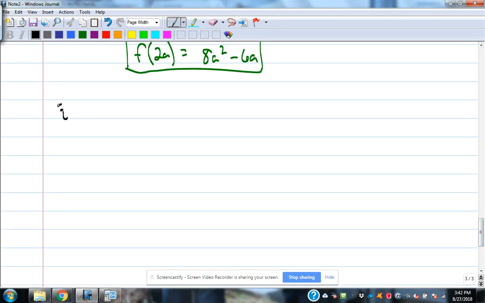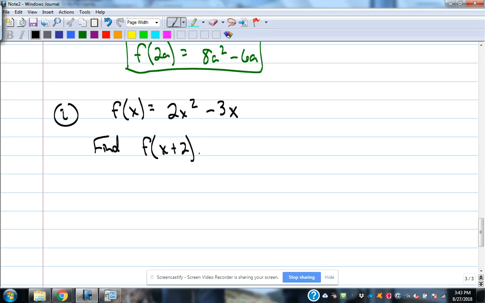Sometimes they can throw this at us. Same function, f of x equals 2x squared minus 3x, and they want us to find f of x plus 2. So they even use the same variable, but a different function value.